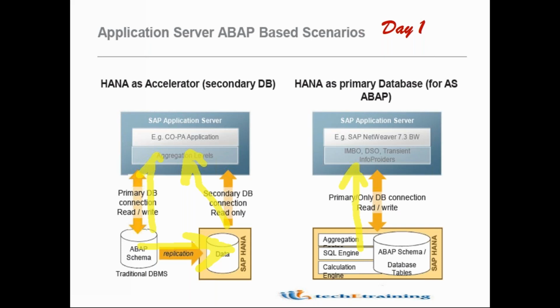That way of programming got changed. With AMDP you can use database procedures. With ADBC we can connect to the secondary database. So for the same requirement, we'll explain 6 to 10 different processes of data extraction.